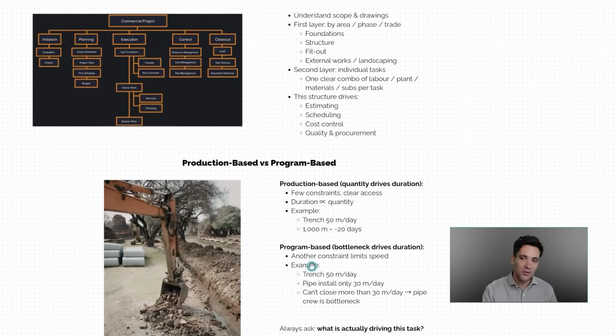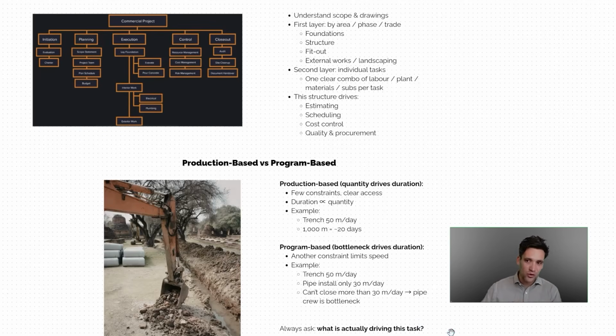The other type of task we can have is a program-based task where there's some other sort of bottleneck that is determining the duration a task takes. So say, for example, we have that same civil crew, they can trench and backfill 50 meters per day, but we're installing some underground welded pipe, and the pipe install crew can only do 30 meters per day.